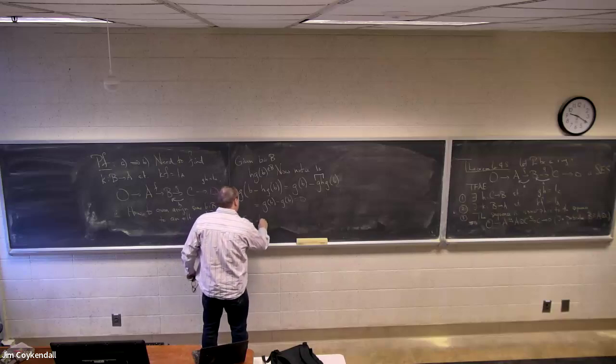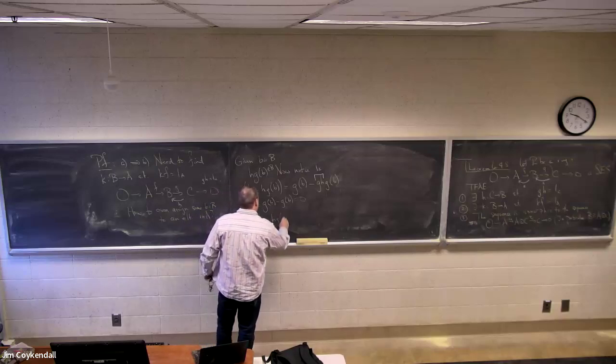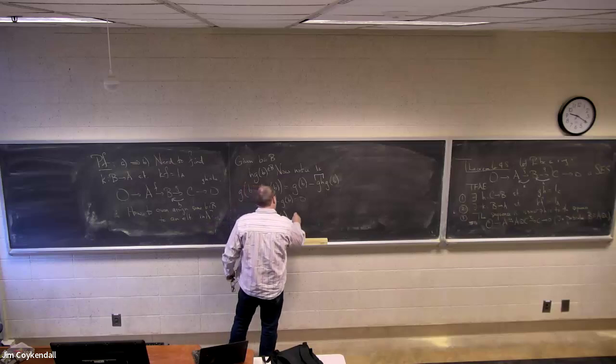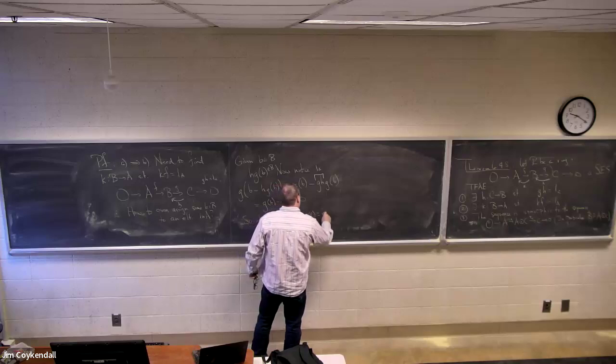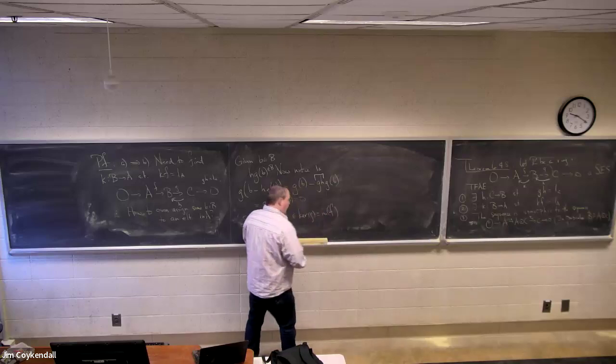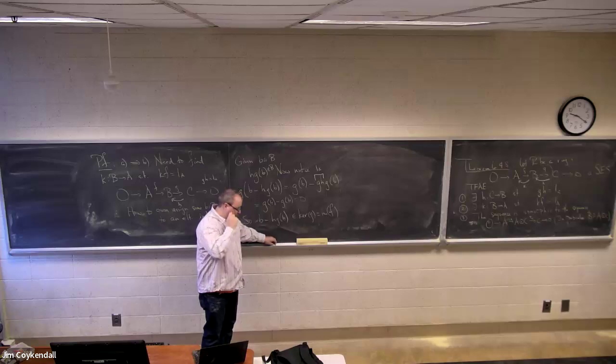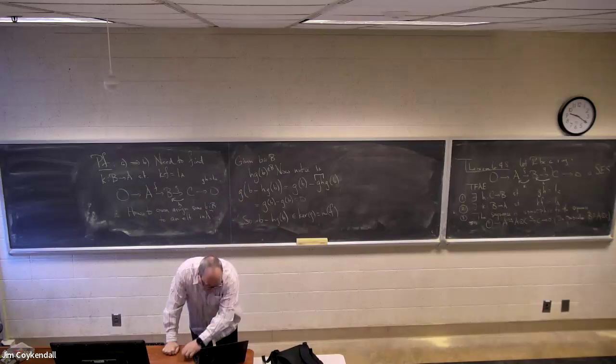So B minus HGB is in the kernel of G, which is the image of F. That is kind of the key to where I'm trying to get here.